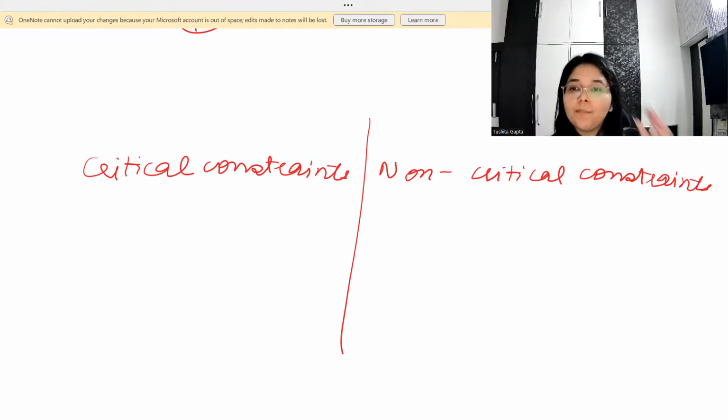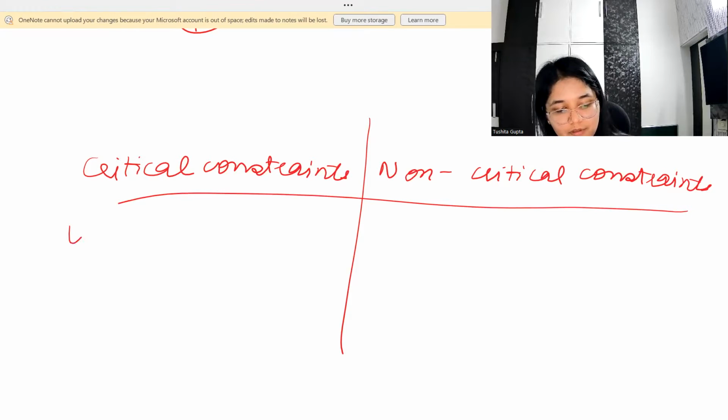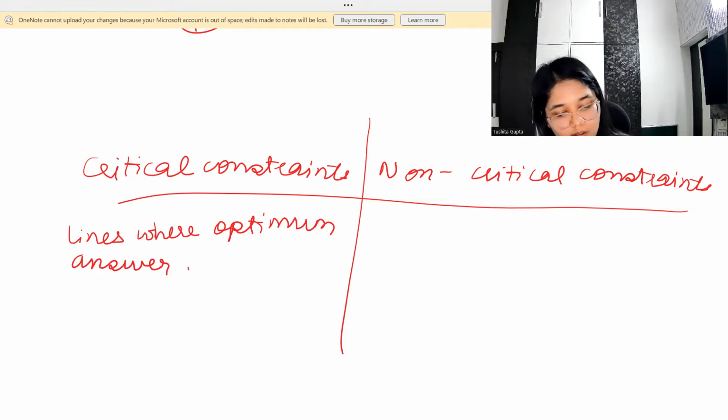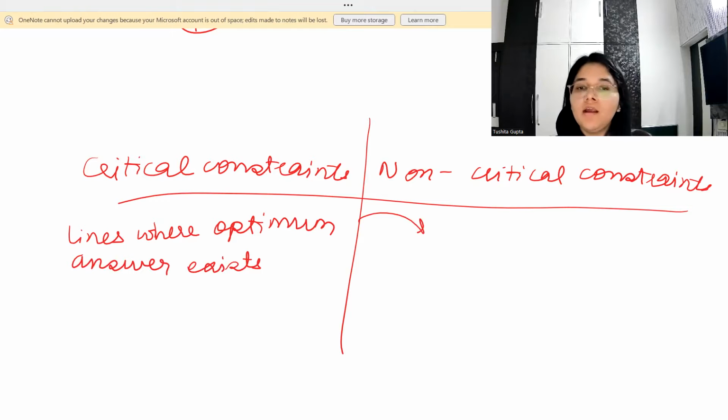So critical constraints will be those which have lines where the optimum answer exists. And vice versa, non-critical constraints will have lines where the optimum answer does not exist, because these are not important.